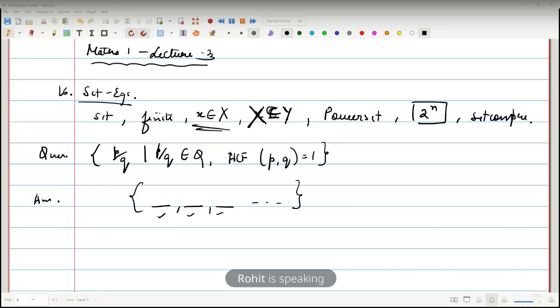One I can explain: p by q, which is a rational number, is a subset of the real numbers. This set collects p by q such that p by q belongs to rational numbers and the condition is this one.